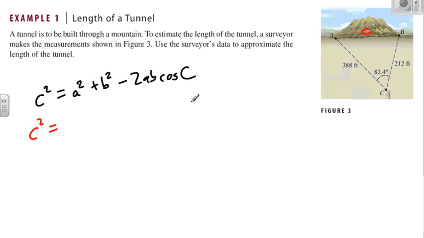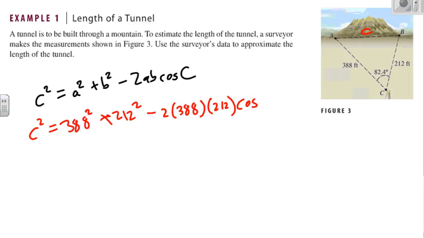A is 388. It doesn't matter which one you call A or B. Plus 212 squared, minus 2 times 388 times 212 times cosine of the angle 82.4.